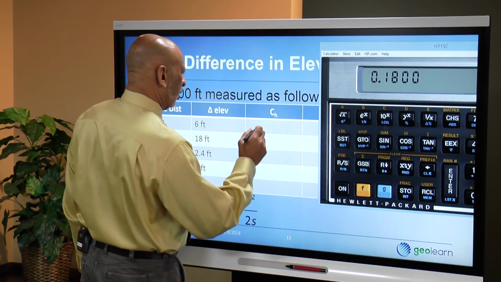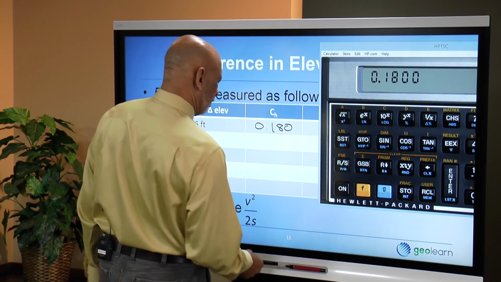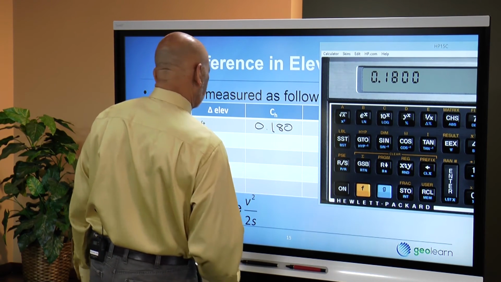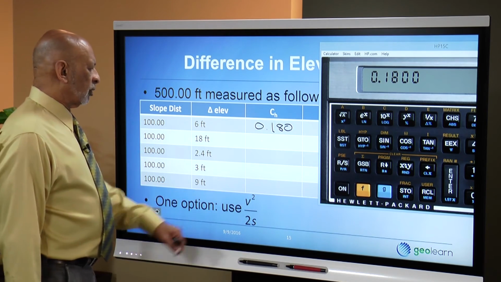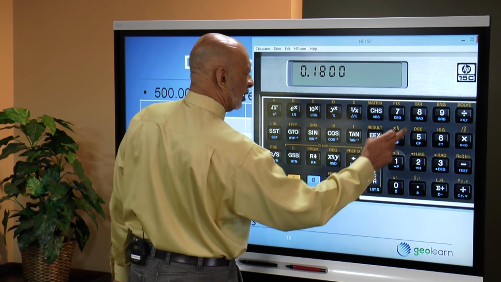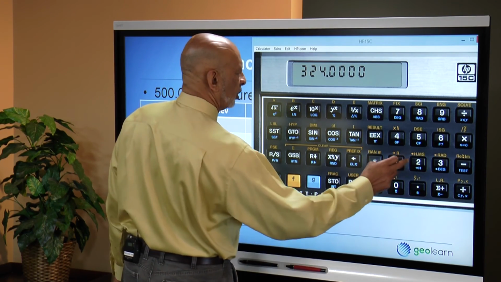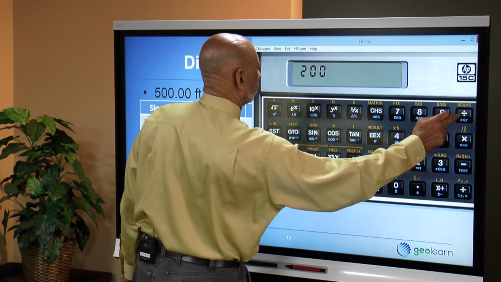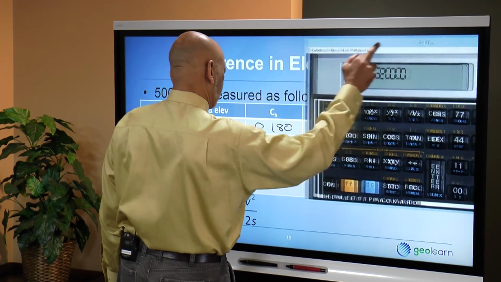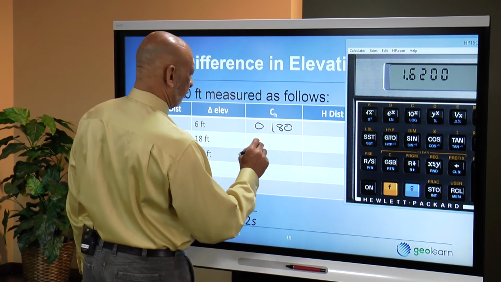So let me write that in, 0.180. In the next case, it would be 18 squared over 2s. Can't do that one in my head. 324 divided by 200. 1.62. Quite a bit steeper, so a lot more shortening.